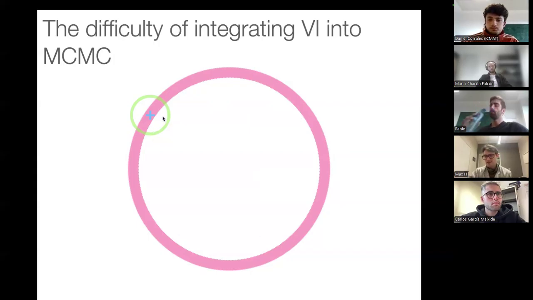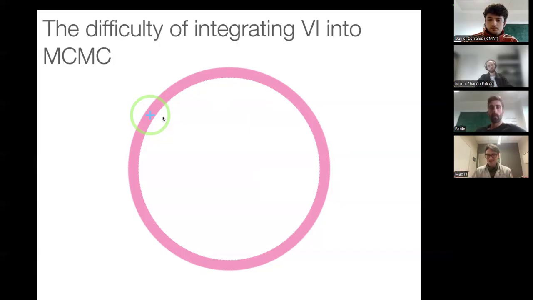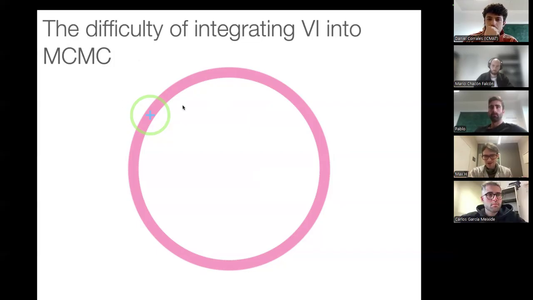And let's say, by some insane accident, we've done our variational inference and we know exactly the shape of the target distribution. So we're going to use it as the shape of the proposal in a Markov chain method, in an accept-reject Markov chain method, right? And let's say we're starting from a point at this blue cross.